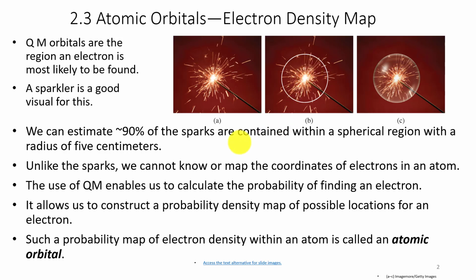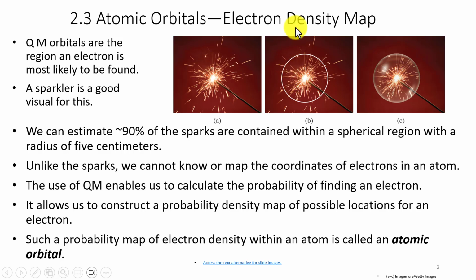Instead, we use quantum mechanics, which we're not really going to go too deeply into for this class, but quantum mechanically we can calculate the probability of finding an electron around the nucleus. It's a probability density map of the location of an electron. This probability map is called an orbital, an atomic orbital.